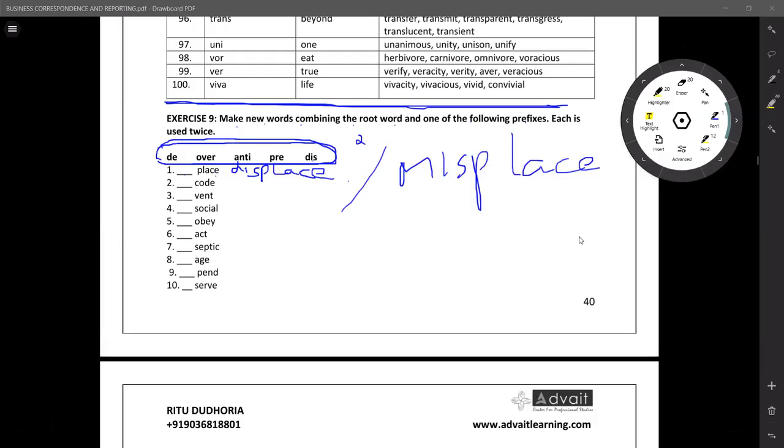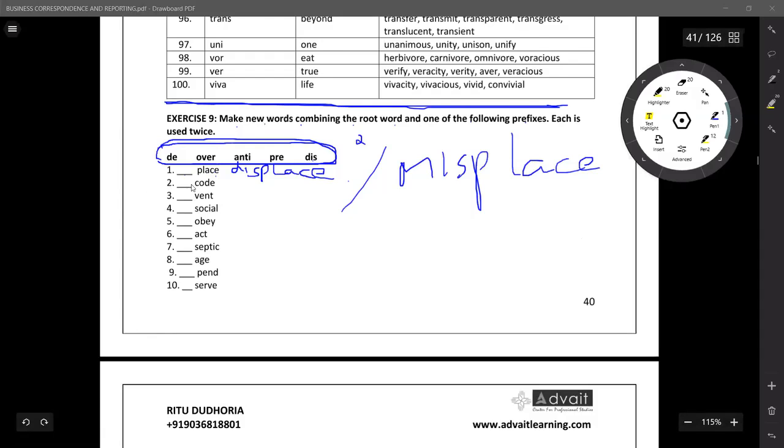Displace is relocation or shifting. Misplace, you misplaced your phone, you misplaced your keys. You've put it in the wrong place somewhere and now you're not able to find it. You've lost it, correct. Okay, code, opposite of code, decode, very good, correct.